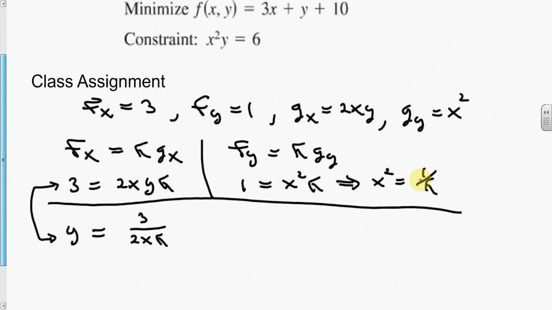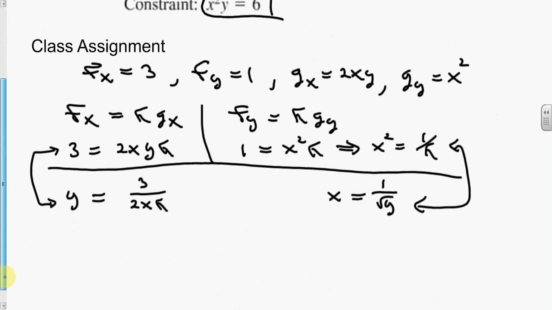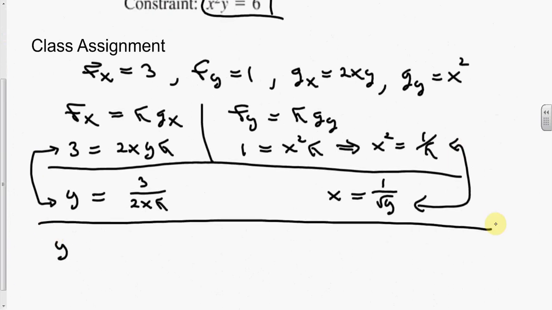Here's what I'm looking at: this constraint equation, x squared times y. I can write the x squared as 1 over lambda. The y I want to be able to write as a function of lambda alone, but the y here is equal to 3 over 2 times x times lambda. Well, no problem. x is equal to 1 over the square root of lambda, right? From there. So if that's the case, then we have y is equal to 3 over 2 times x. x, that's a lambda. I didn't mean to put a y there.